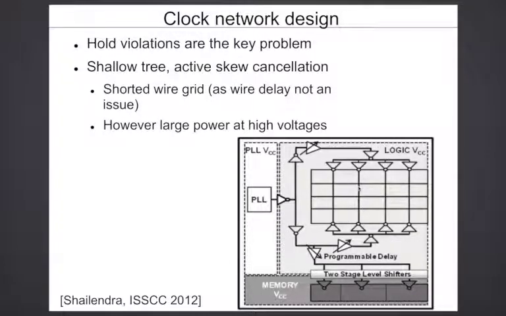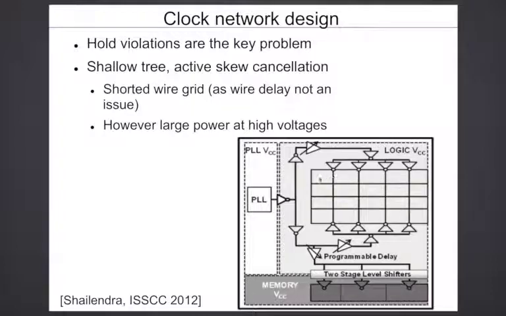So the RC wire delay is small, so the skew due to wiring is small. You can think of this as the entire grid going up and down instantaneously. So the relative skew is very small. If you had not shorted this, the arrival time of the edges could be different out here.